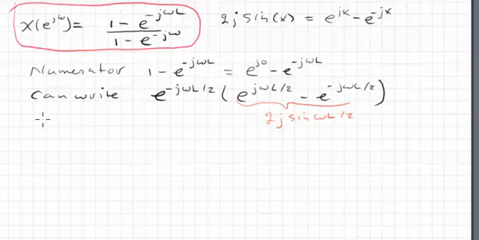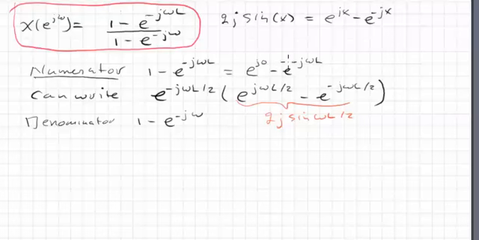Let's do it with the denominator term. So this is the numerator, and we do the same thing with the denominator. We've got 1 minus e to the minus j omega. I want to come up with a factor that's halfway between the lowest exponent and the highest exponent, like I did for the numerator.